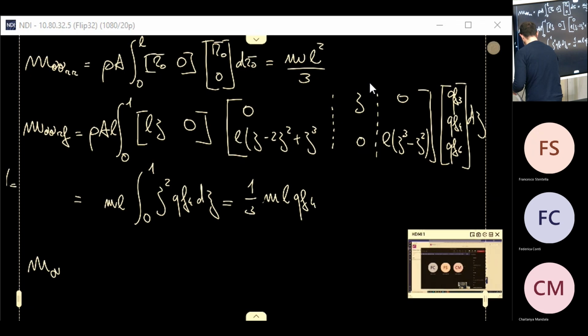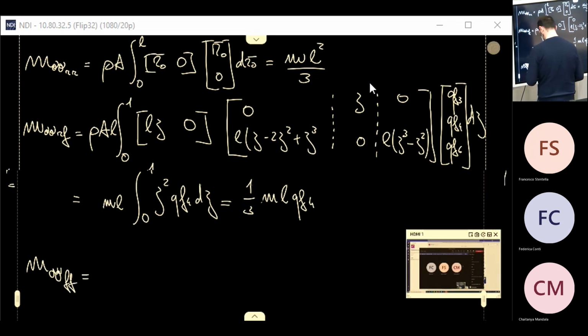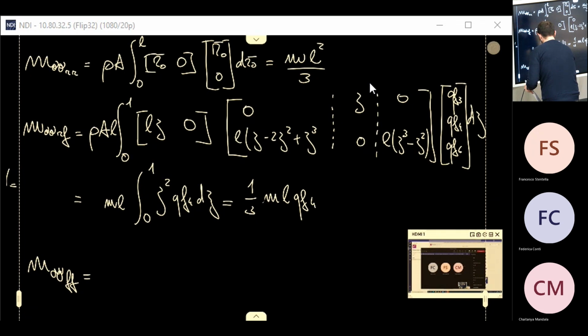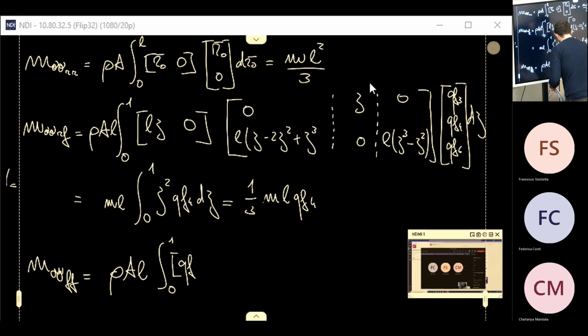And then eventually we have m theta ff, and this is again rho integral from 0 to 1, QF3, QF4. Okay, let's write it directly like so. F transposed applied over Psi transposed applied over Psi, applied over QF.